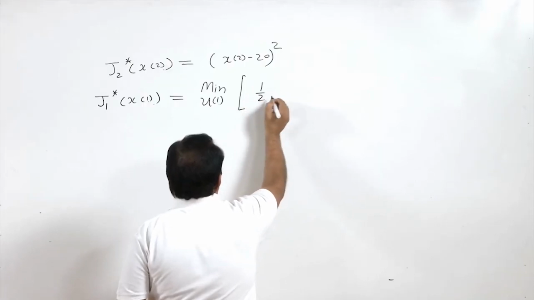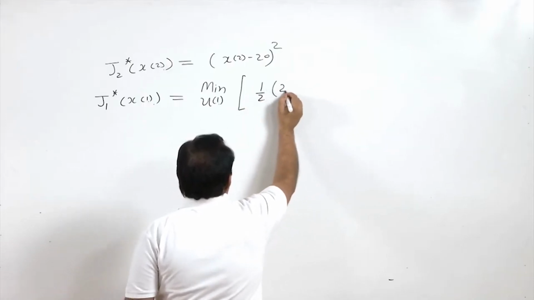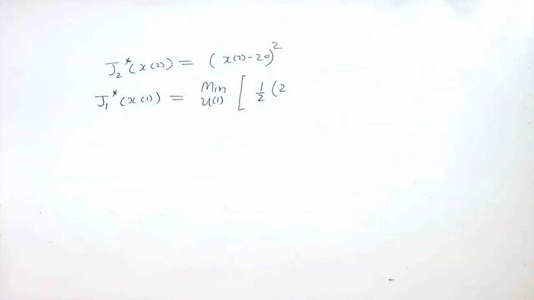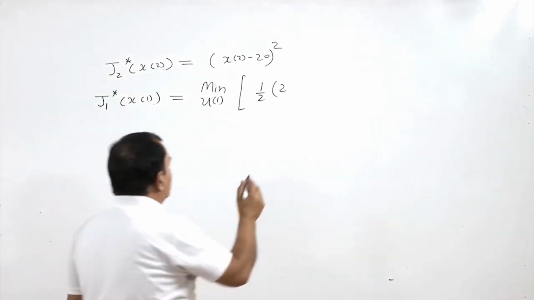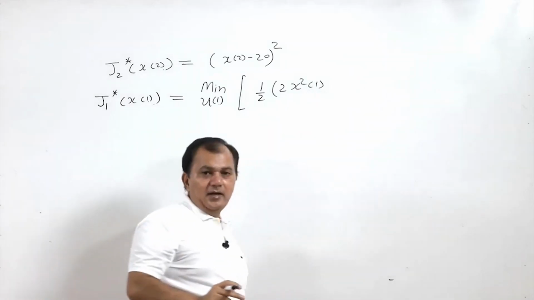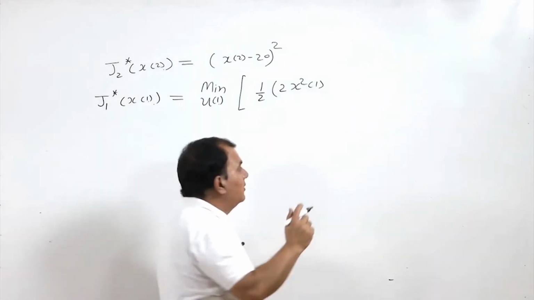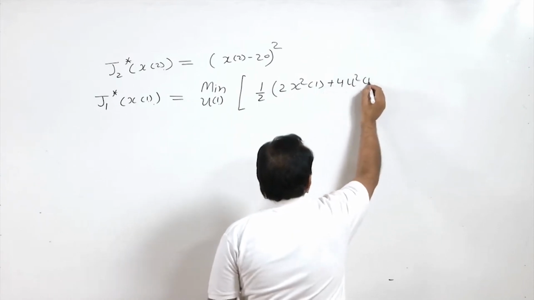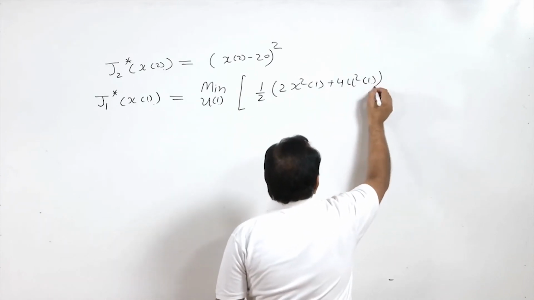So, I can write this as half of 2 x square 1 plus 4 u square 1.